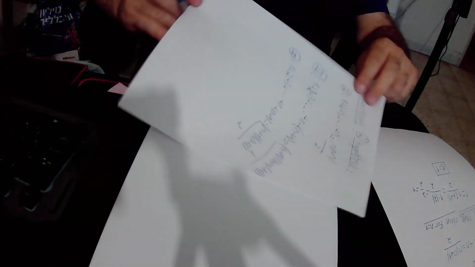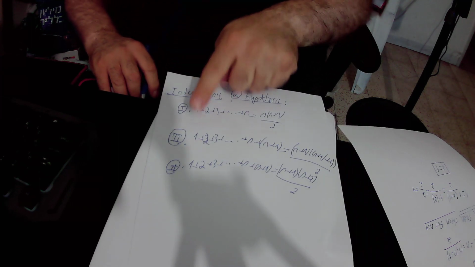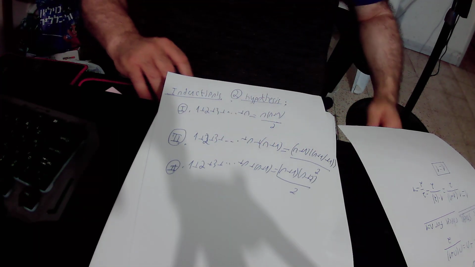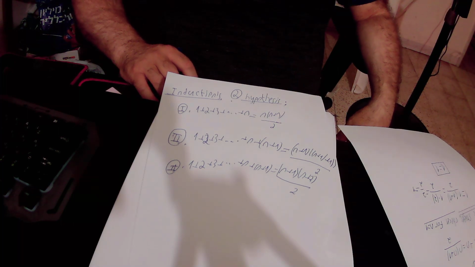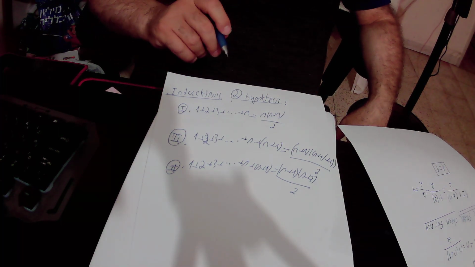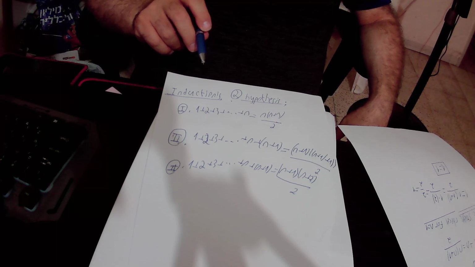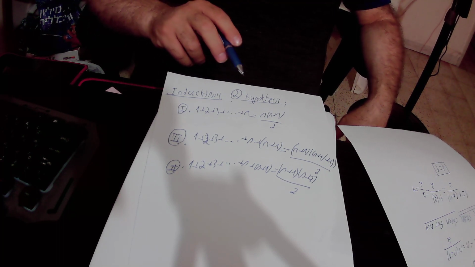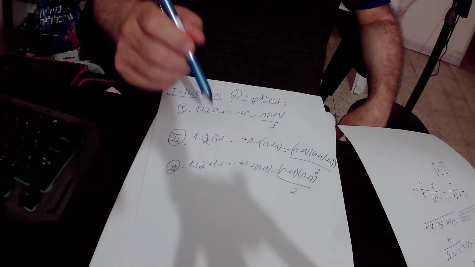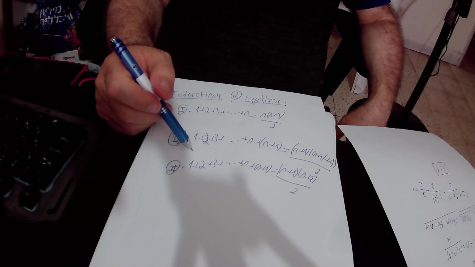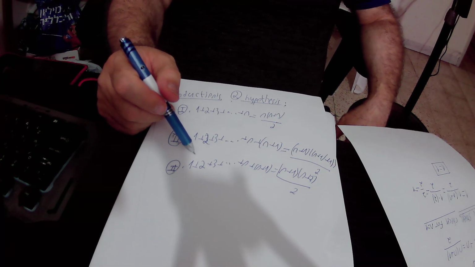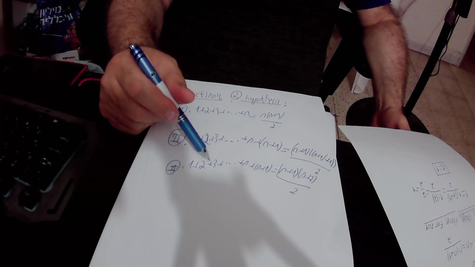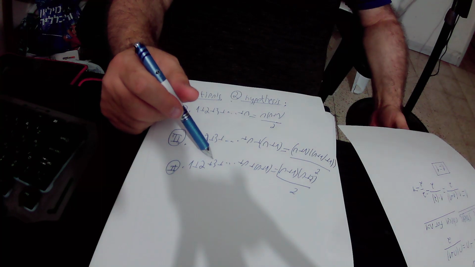Okay, so the second equation is the expression for n plus 1. As you can see, while in the expression for n we added numbers until n, for the expression for n plus 1 we add numbers until n plus 1. The expression for n plus 1 must include also n plus 1.